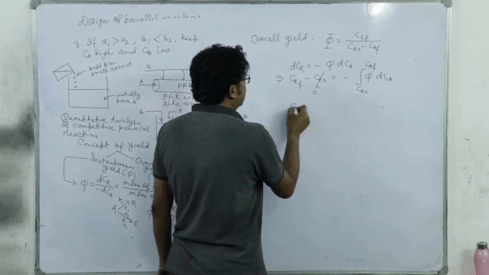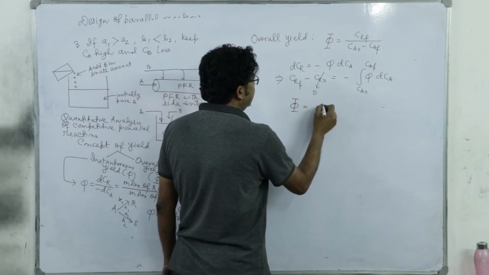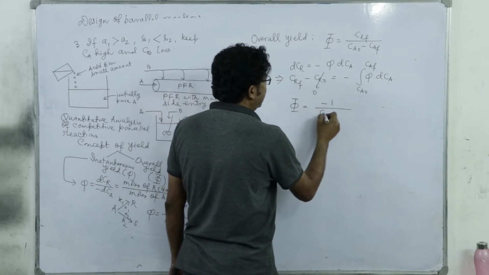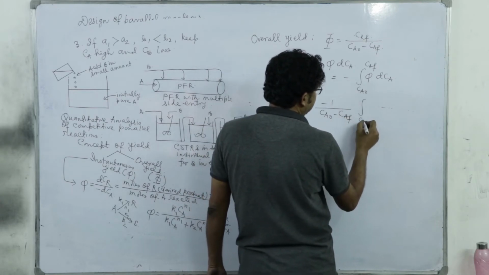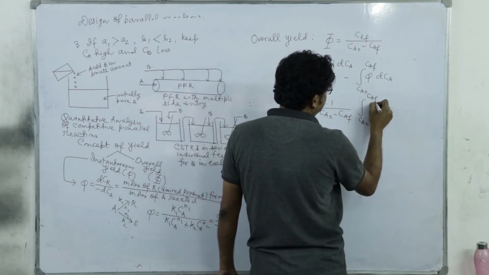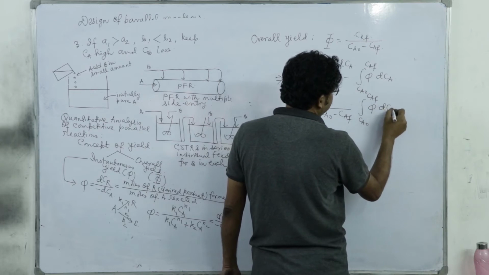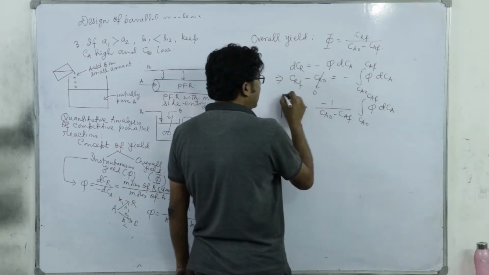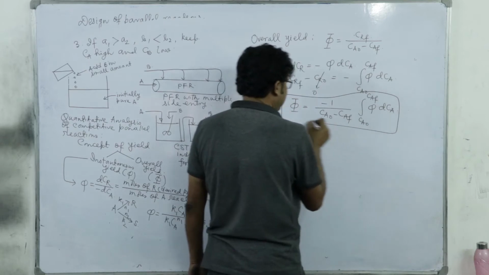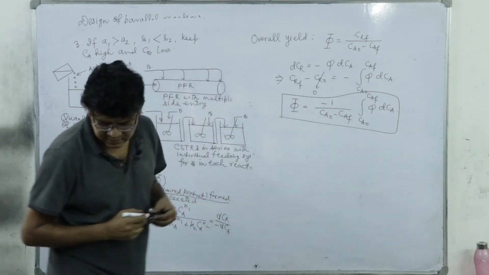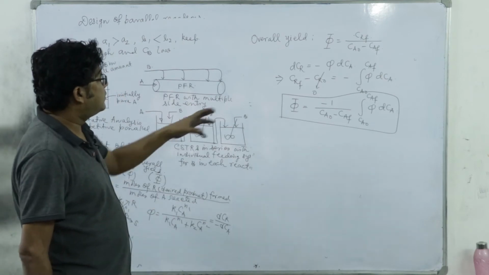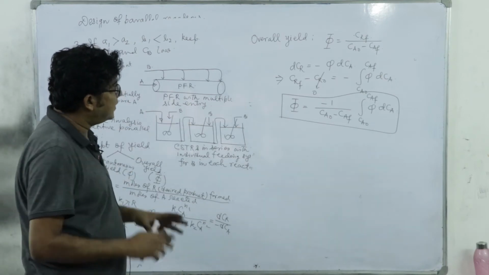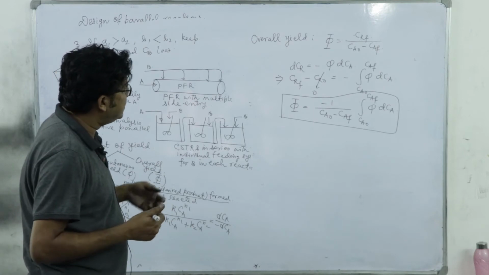So capital Phi is equal to minus 1 divided by Ca0 minus CAF, integral Ca0 to CAF phi into dCA. So this is the relation between overall yield and instantaneous or fractional yield.